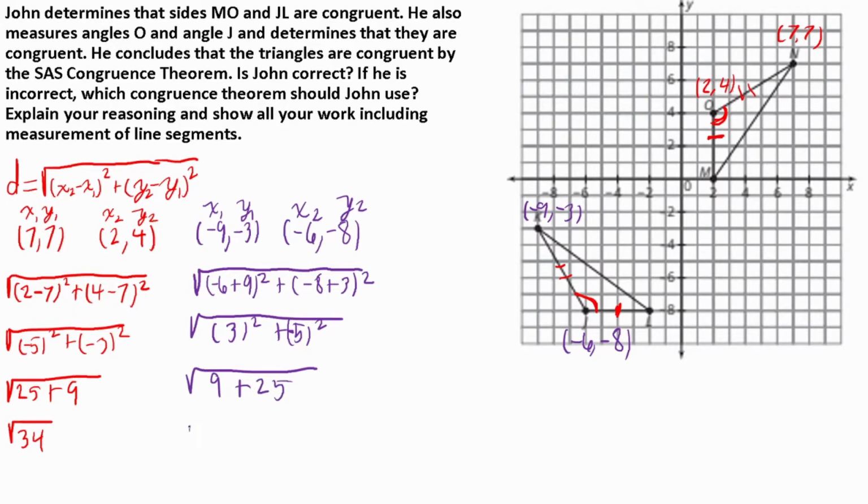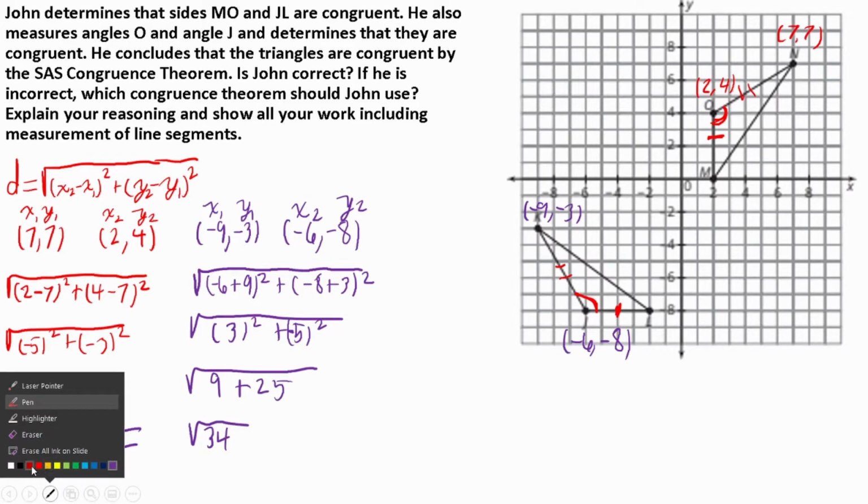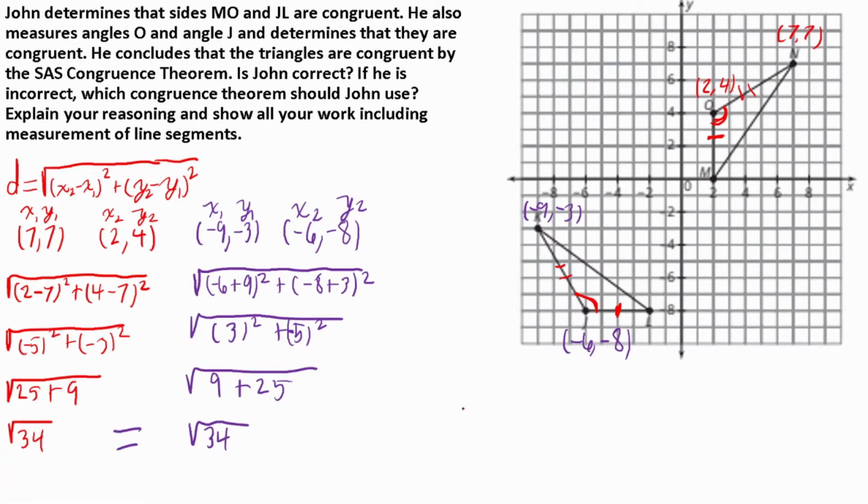Starting to look the same, which will then give me 34. These are equal, so that means they are congruent, which then finally means that these triangles are congruent by side angle side congruency. So he is correct. John is correct. They are congruent by side angle side congruency because we confirm that the second side here is congruent, and we're good to go.